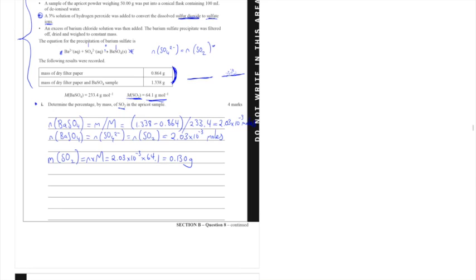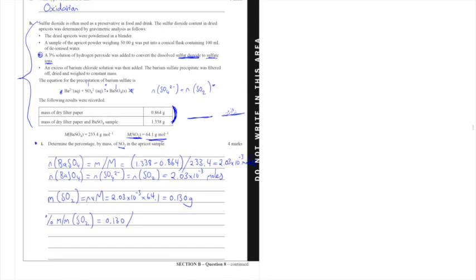Now I need to get into percentage. So percentage mass to mass of SO2 is equal to the mass of my sulfur dioxide, which is 0.130, divide by, well, now I need to divide by, well, where was all this sulfur dioxide coming from? Well, if we read the question here, it says sulfur dioxide is often used as preservative. The sulfur dioxide content in dried apricots.